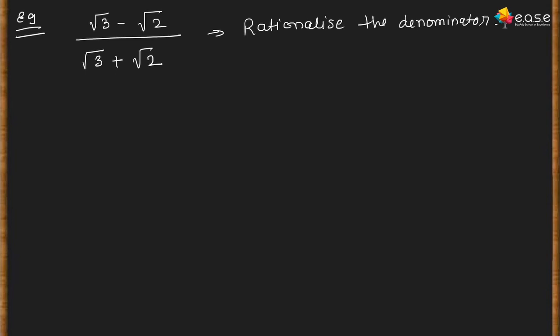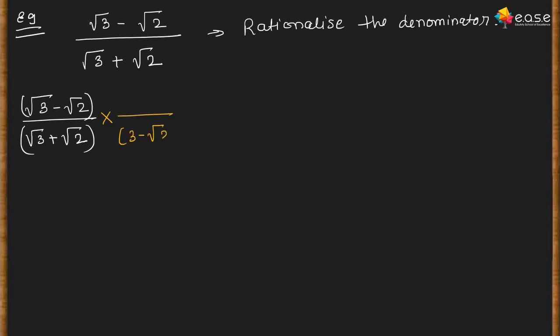Are you realizing that we can just multiply this with the opposite sign of the denominator? We are going to multiply by root 3 minus root 2 in the denominator, and in the numerator also root 3 minus root 2. Both will take the same.